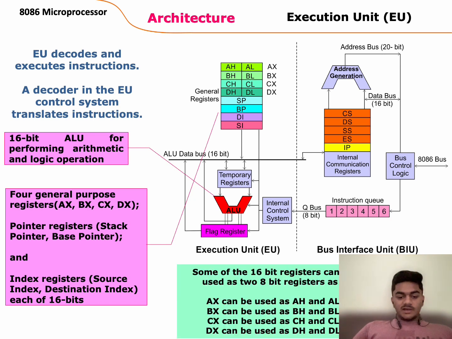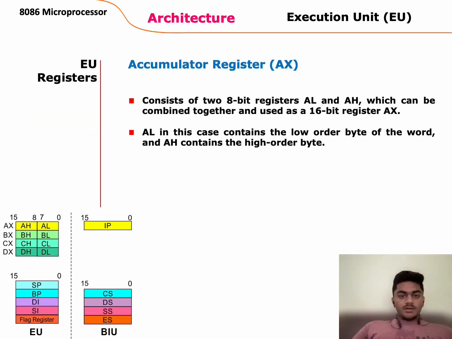We already discussed that AX can be used as A higher and A lower. What is the accumulator register used for? It consists of 8-bit register A lower and 8-bit register A higher.